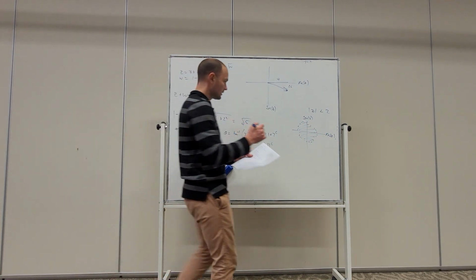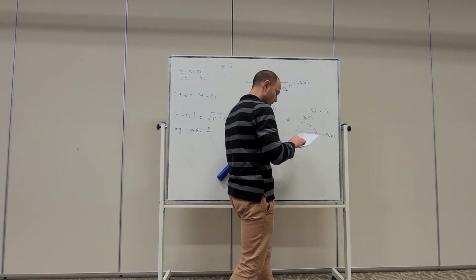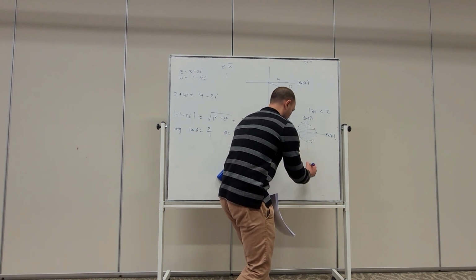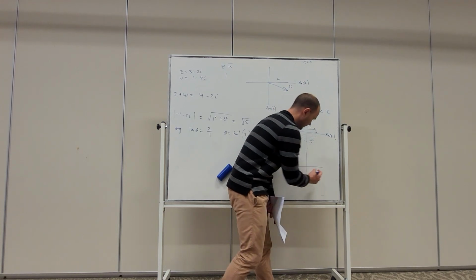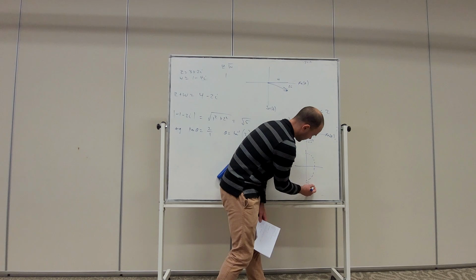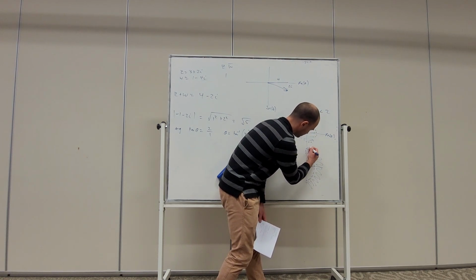That's part A. And then we have the real part of z is greater than 3. So what that would look like is our plane, and the real part has to be larger than 3.